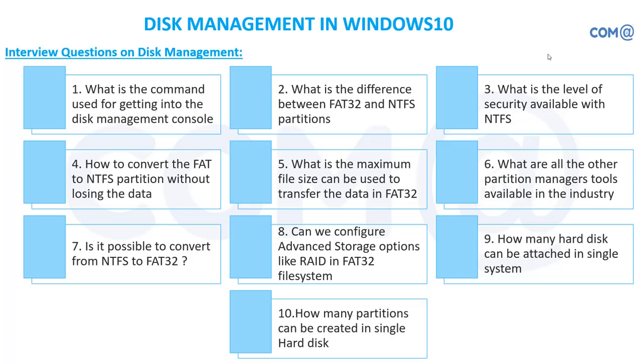Question 3, what is the level of security available with NTFS? File level security. With NTFS, we have file level protection. Fourth one is how to convert FAT to NTFS, using the convert command. Fifth one, what is the maximum file size that can be used to transfer data in FAT32? File size can be 2 GB in FAT32.